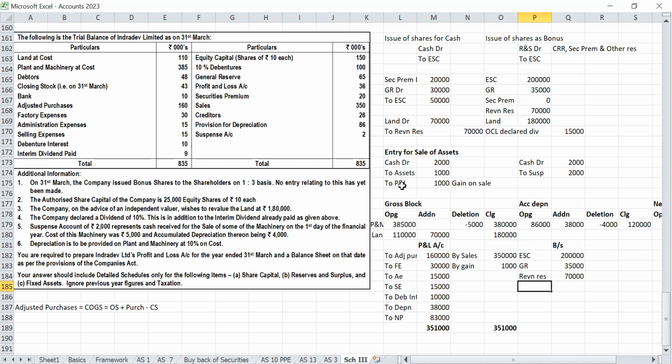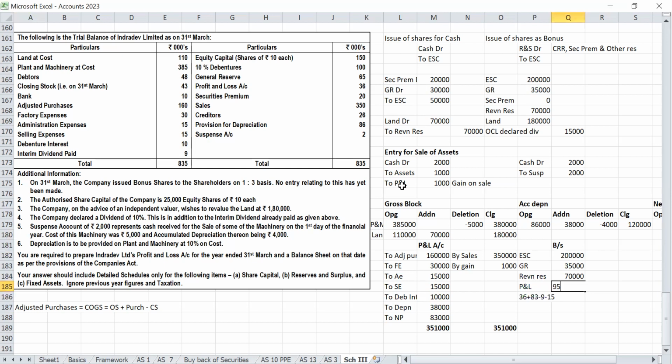Profit and loss account: opening balance 36, profit for the year 83, minus dividends, interim dividend and final dividend.